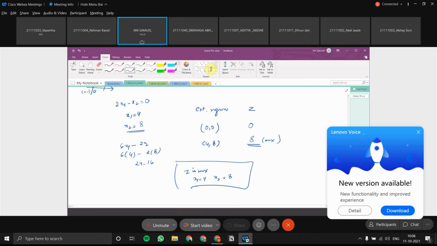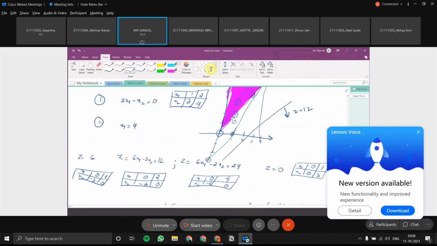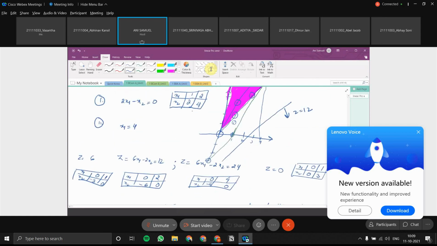Secondly, you have a region which is unbounded. In that also you have 2 different conditions. You get feasible region unbounded as well as the solution unbounded. When is the solution unbounded? When you always get an intersecting region with the solution. And the third case is when the feasible region is unbounded, but you still get a bounded solution. I hope the concept is clear.